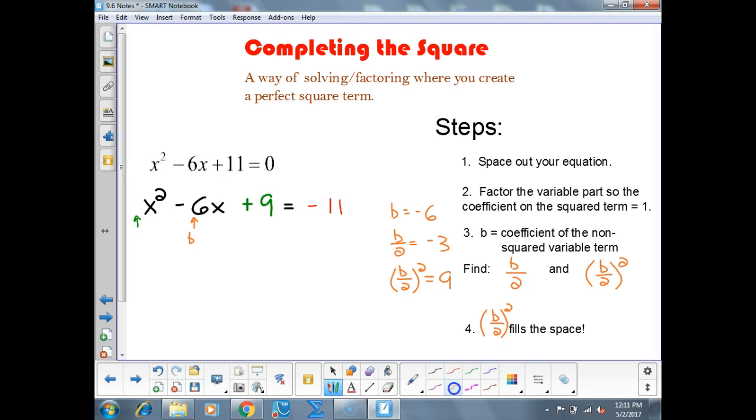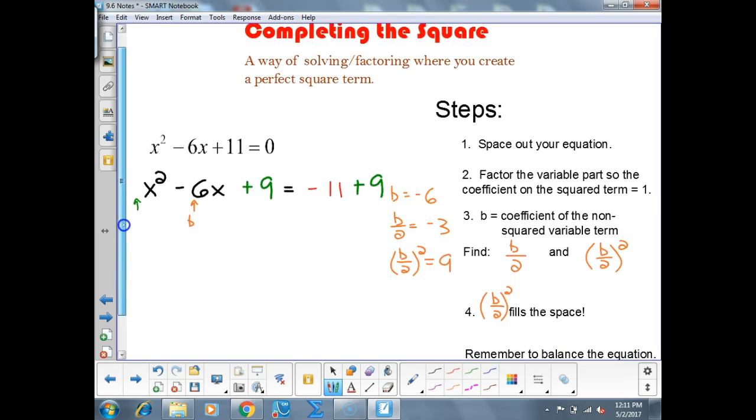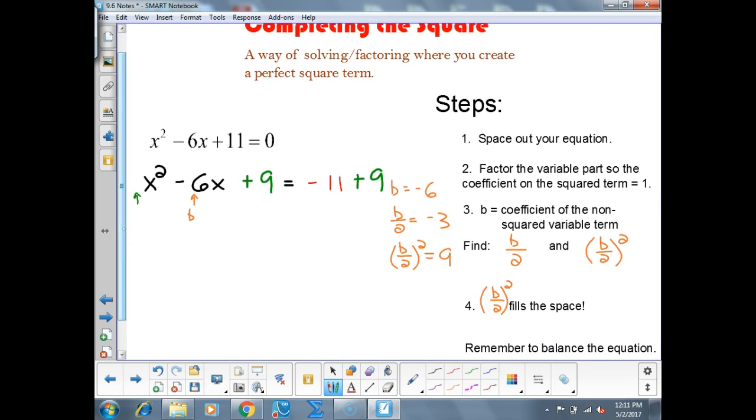I unbalanced my equation, right? So what do I have to do? I've got to balance it out again, so I've got to add 9 to the other side.